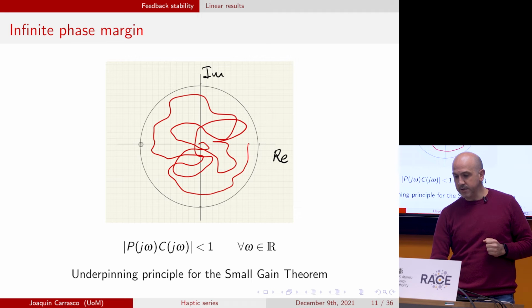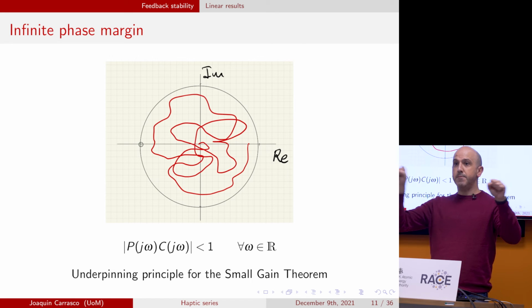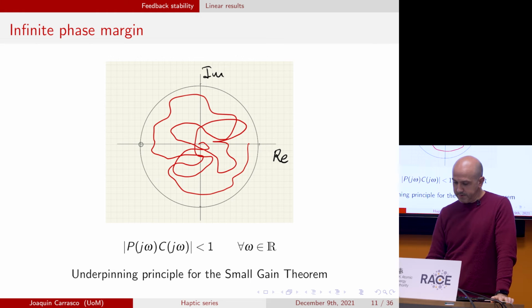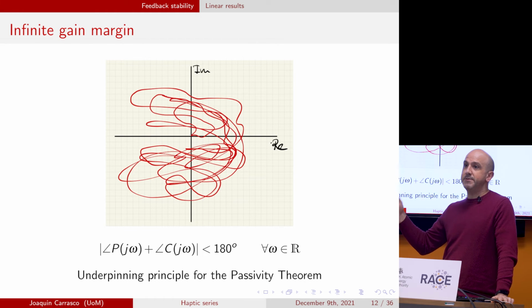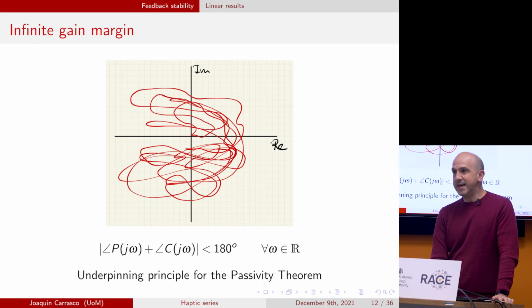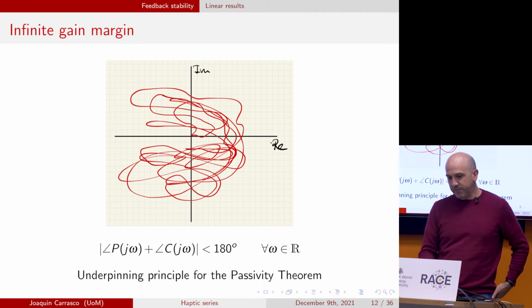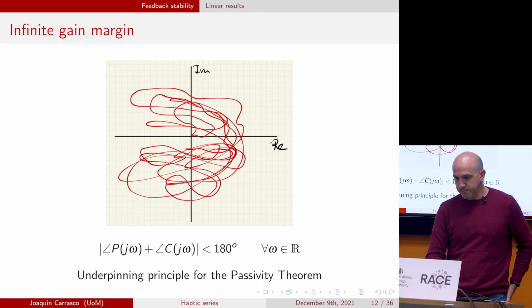So you cannot encircle this guy, and you cannot encircle that other guy, so stability holds for both positive and negative feedback interconnection. However, in the passivity theory, the -1 is of essence, because what we are making sure is that we never encircle the -1. The +1 you can encircle, of course, but the -1 is the critical one that we are considering here. So when we are using the passivity theorem, the negative feedback interconnection becomes very important.